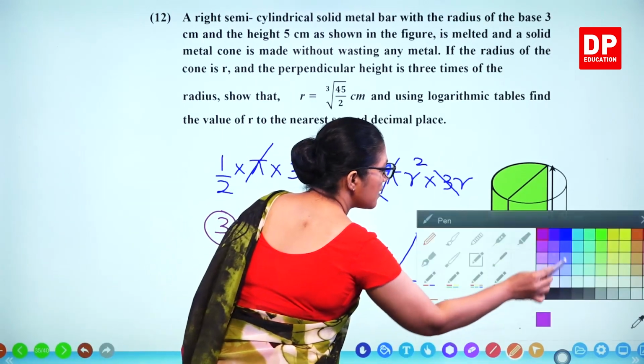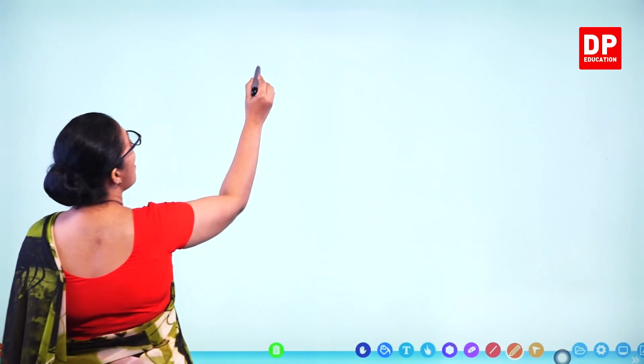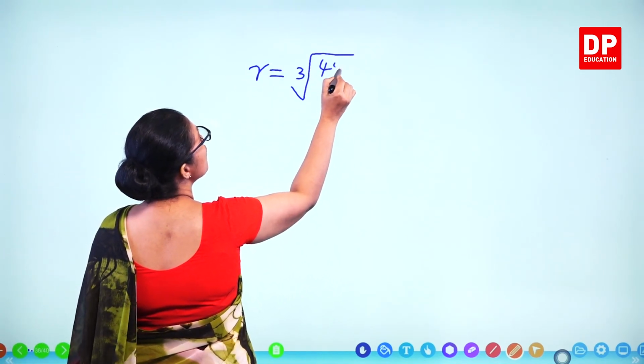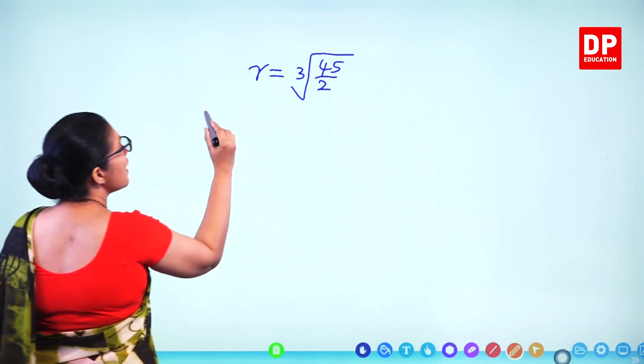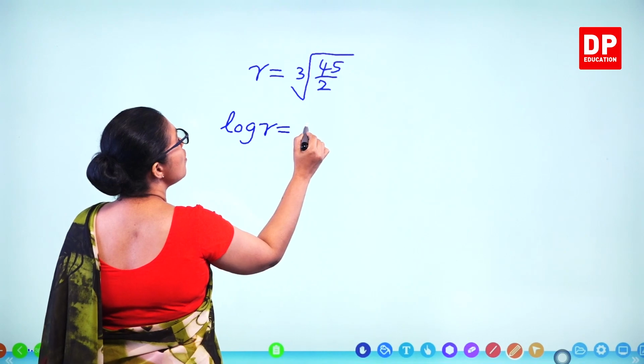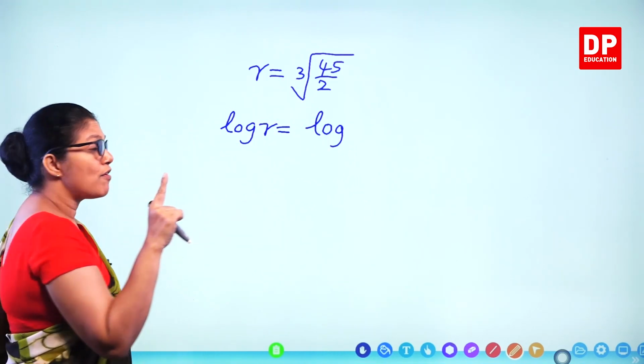So let's take the next one. R equals cube root of 45 over 2. So take log both sides. Log r is equal to log, cube root means power 1 over 3.